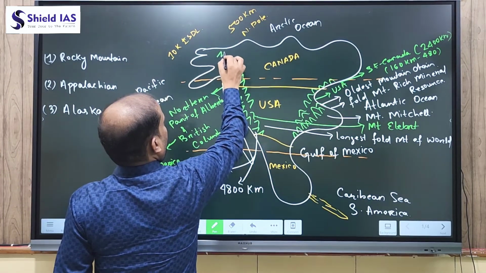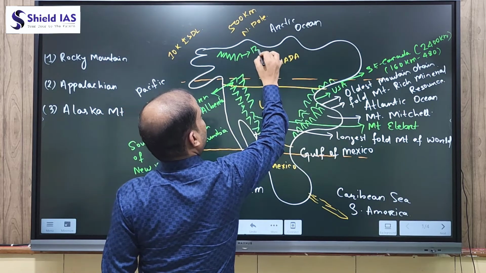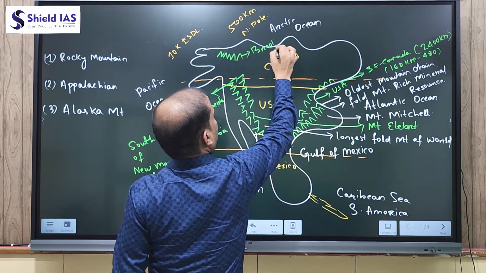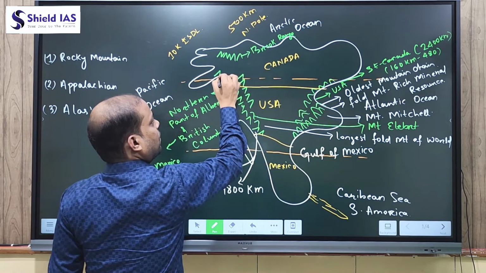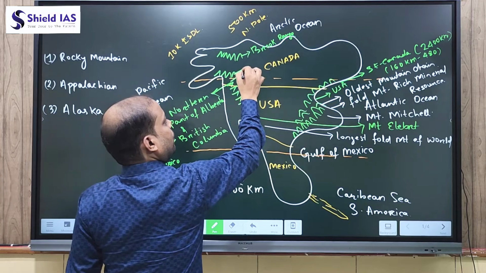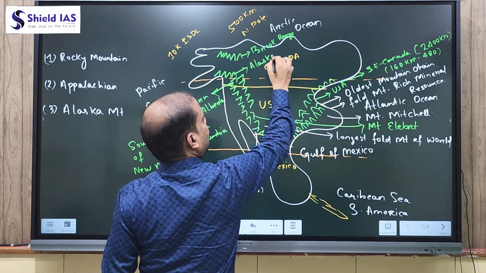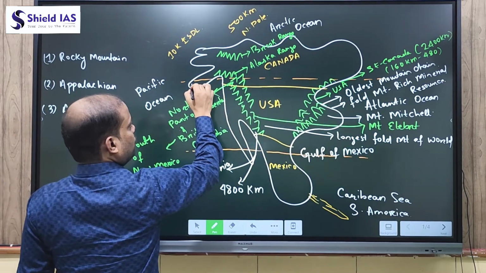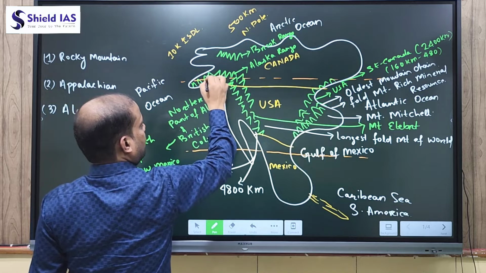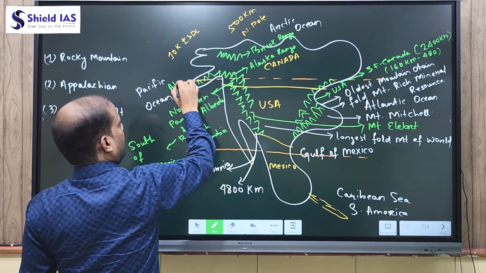In the northern part of Alaska, we have the Brooks Range, and in the southern part of Alaska, we have the Alaska Range, and in the southwest of Alaska, we have another range, the Aleutian Range.